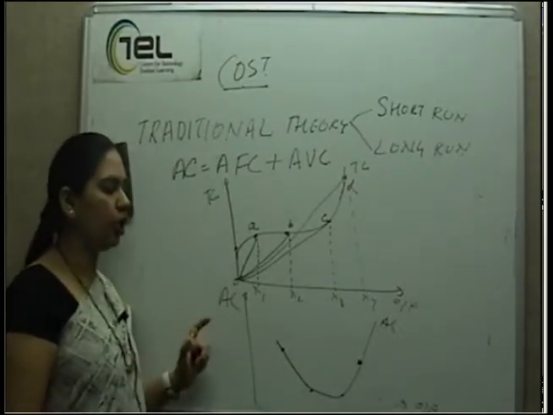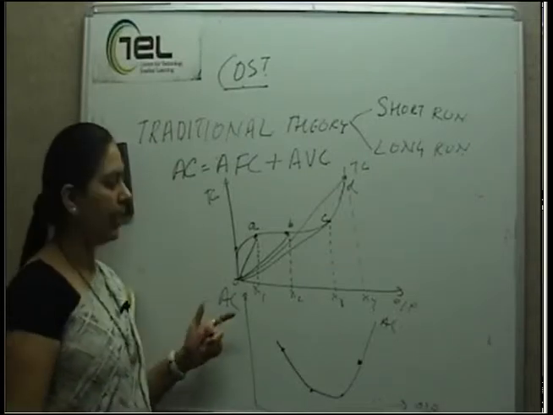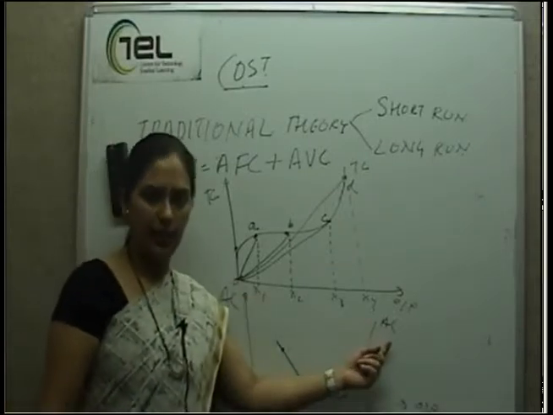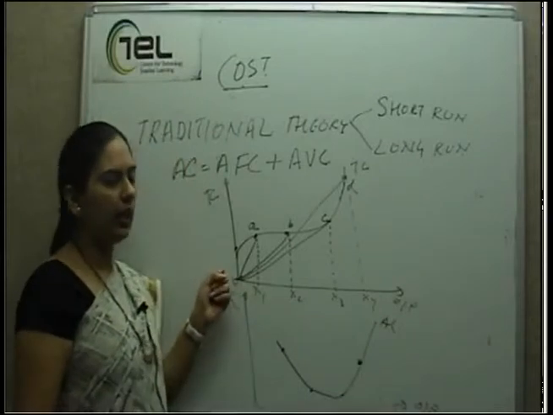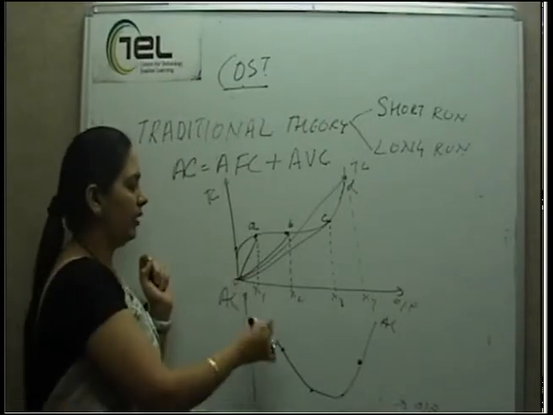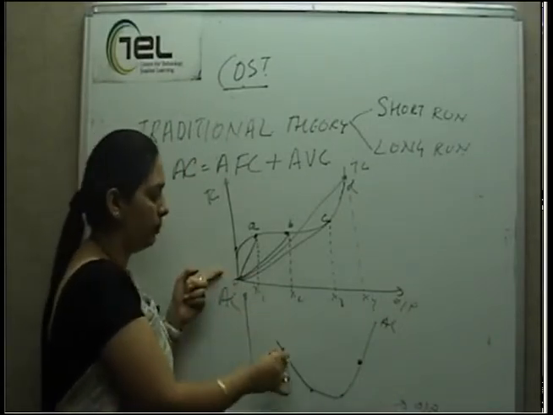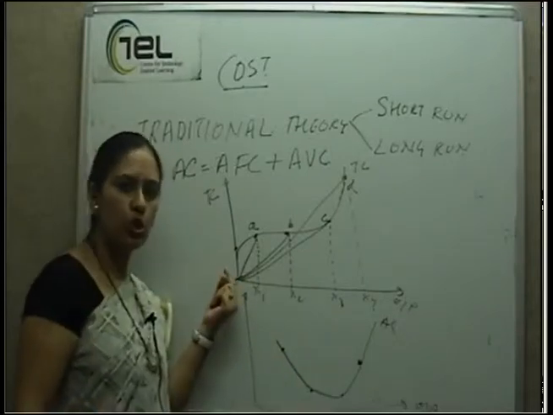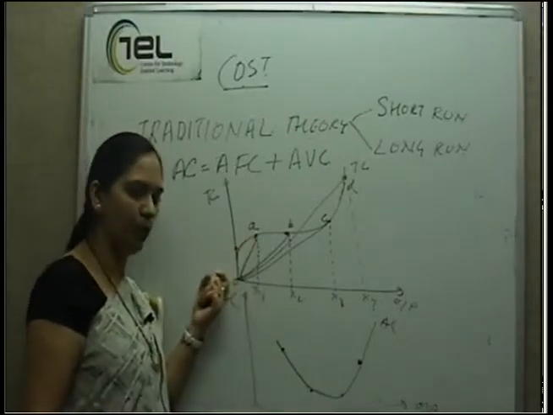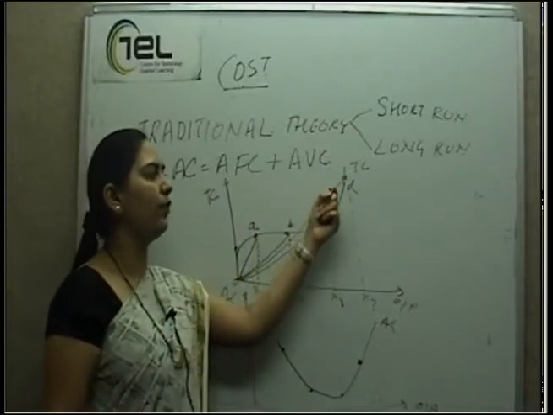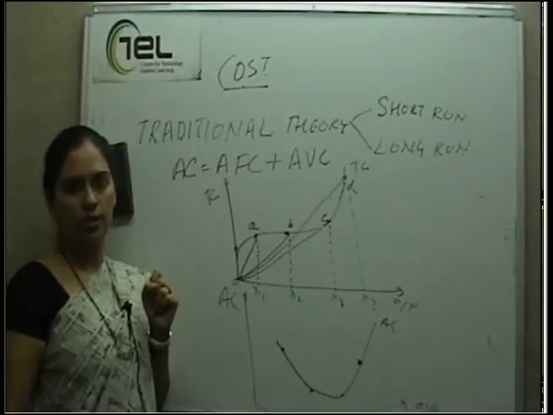Now, in short, we can say that average cost curve is derived by joining the locus of points which are plotted with the help of slopes of lines joined from origin to the points which we have taken on total cost curve.